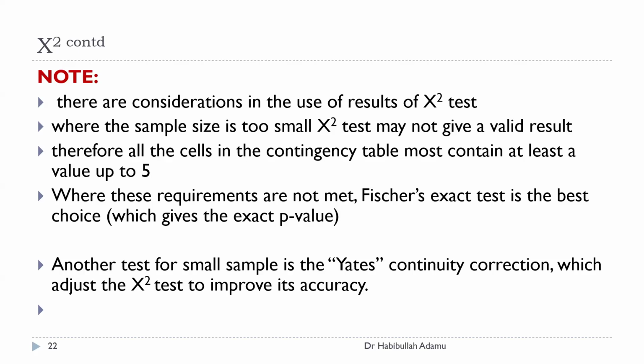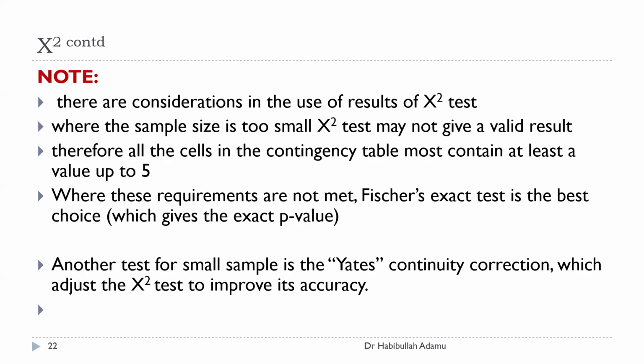When we run the analysis, in the result, we should look at the cross tabulation table that will be displayed. Are the values in each cell up to 5? That is the frequency. If it is not, then there is a problem. Good enough, if you are using SPSS, especially below the chi-square table, it will give you a summary: so many cells, so percent of cells have expected count less than 5.